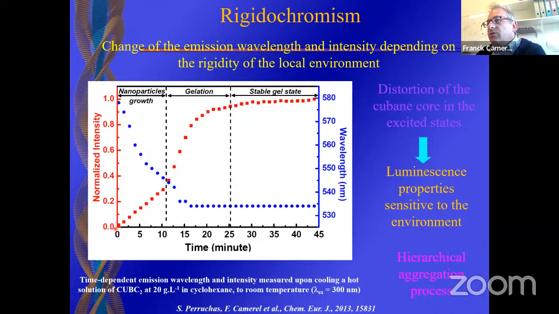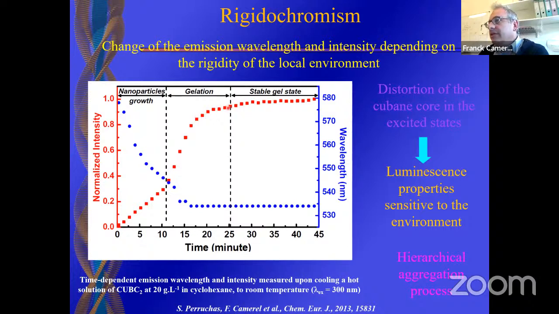At the beginning, you have the formation of these nanoparticles. As soon as the amount of nanoparticles is sufficient, you reach a critical concentration, and the gel starts to form, and you have a really strong increase of the luminescence.